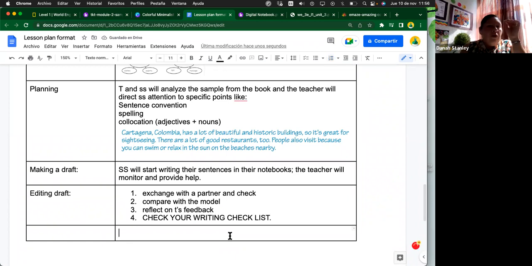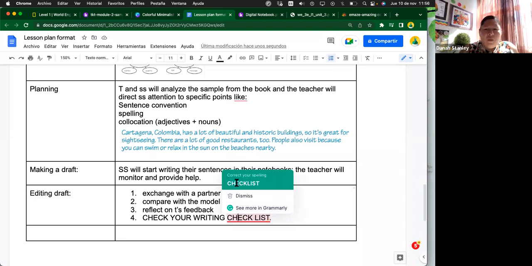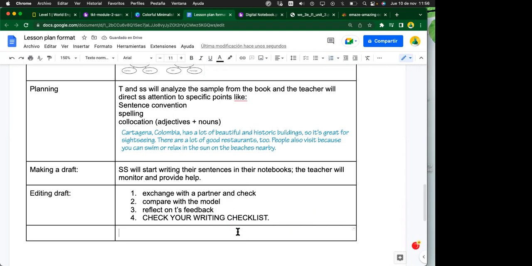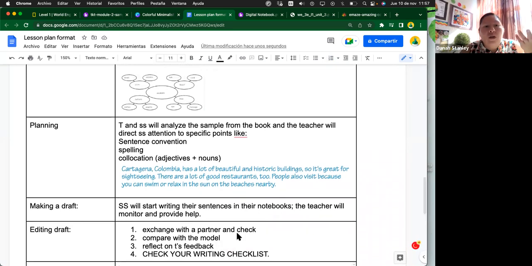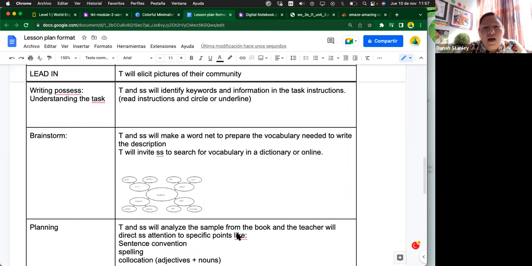In English Aware, you have a table with some aspects to take into account, ¿no? Incluí capital letters o periods. Usé correctamente el vocabulario. Yes, you have those tables in English Aware, ¿no? Ese es your checklist. Or you can give them a checklist when you are giving the instructions.